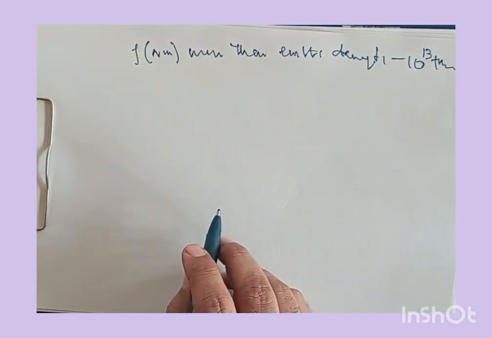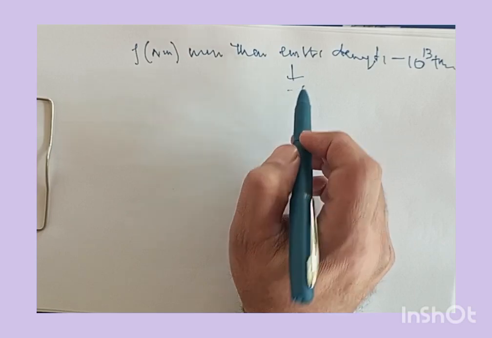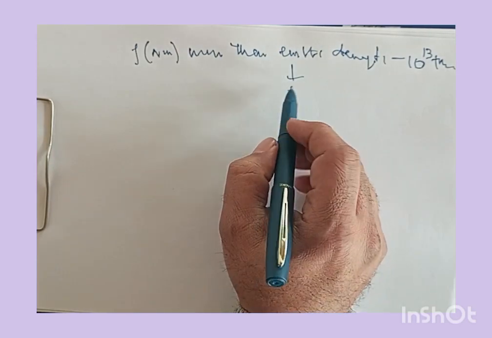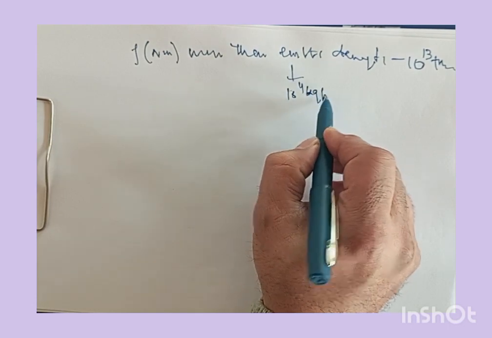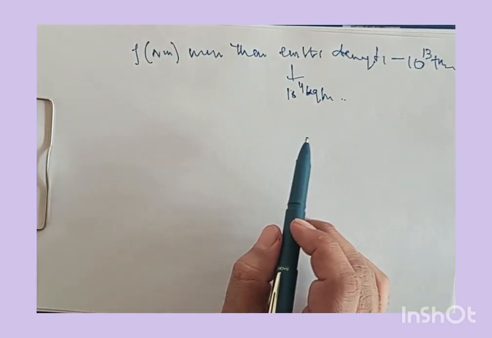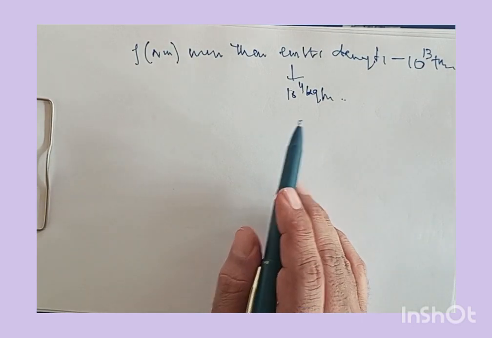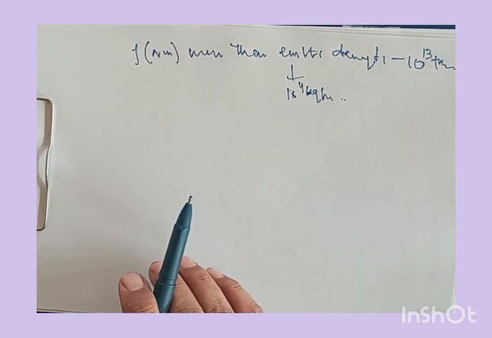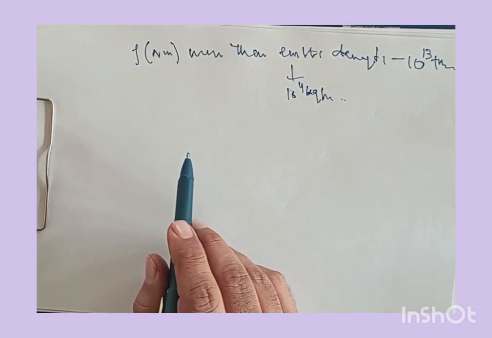The density of the Earth is of the order of 10 to the power of 4 kilogram per meter cube. So this nuclear density is very large, and on average it is the same for all nuclei, because we don't find any dependence of this density on the mass number.